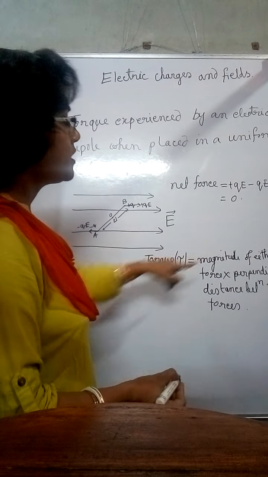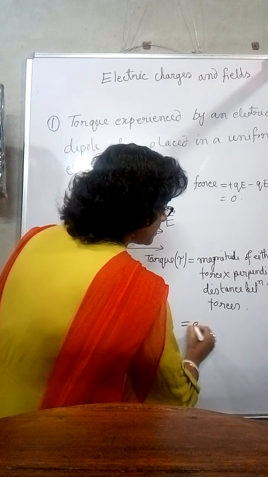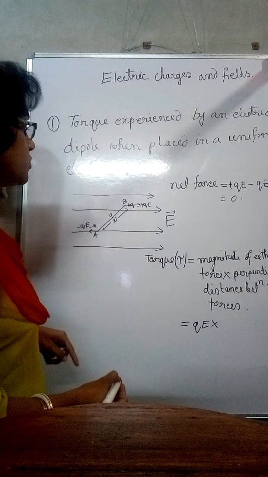Now, magnitude of either force is QE. So it is QE into the perpendicular distance between the two.